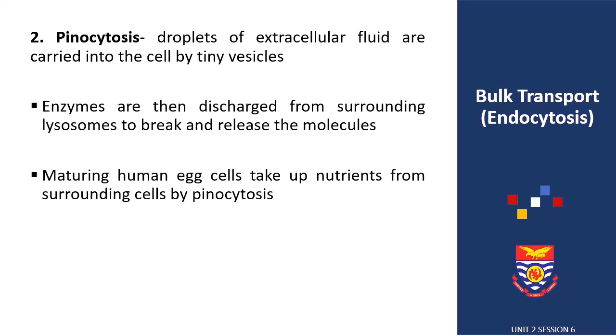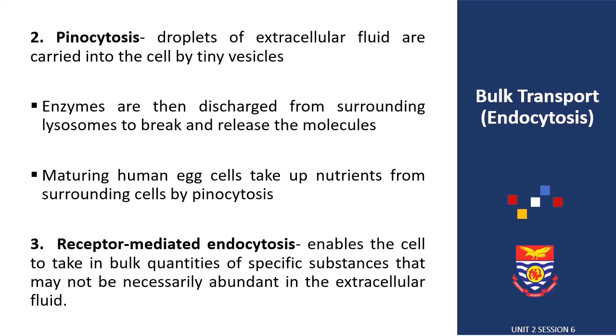Now, the third type of endocytosis is receptor-mediated endocytosis. In receptor-mediated endocytosis, there's uptake of bulk quantities of specific substances by cells, and these may not necessarily be abundant in the extracellular fluid. There are specific receptor proteins that are located at certain regions of the plasma membrane, found on the cytoplasmic side of the plasma membrane.